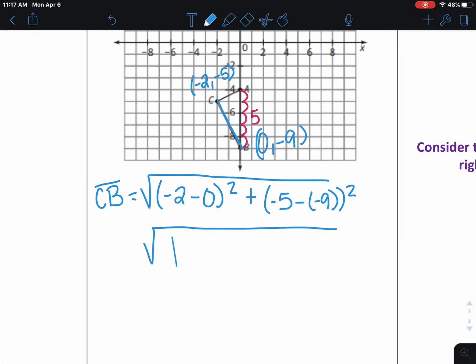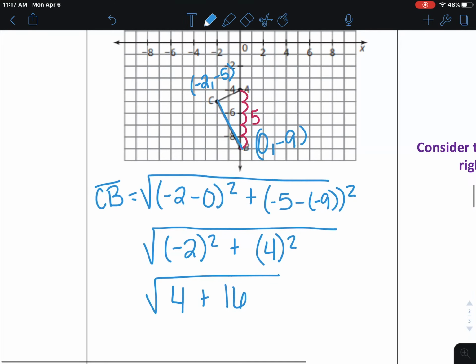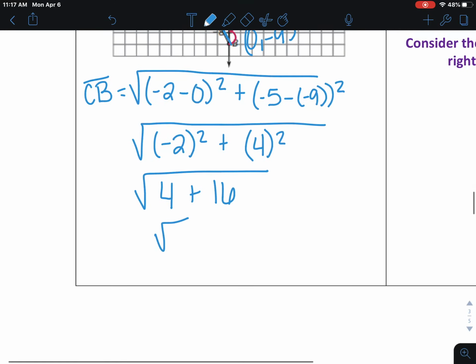They're pretty easy. -2 minus 0 is -2 squared plus -5 plus 9, because minus a negative is positive. So we'll get 4 squared. And I have the square root of 4 plus 16. Square root of 20. And then for this, I do need a calculator, and it'll go to 4.47.